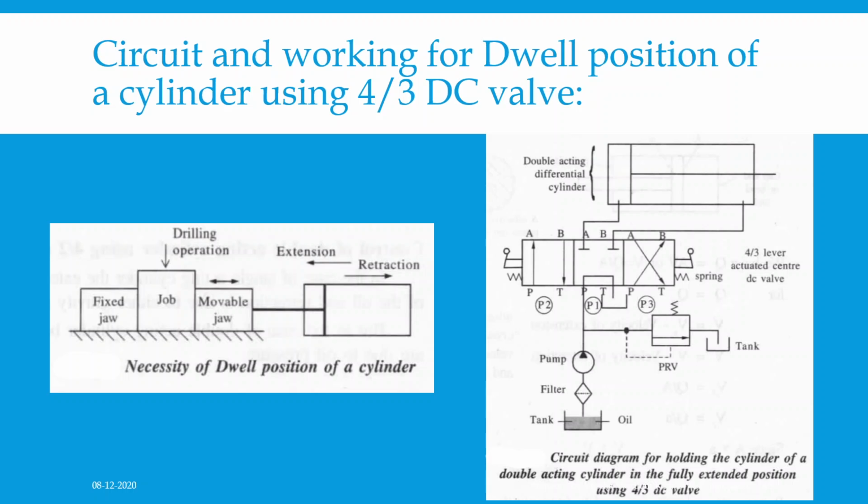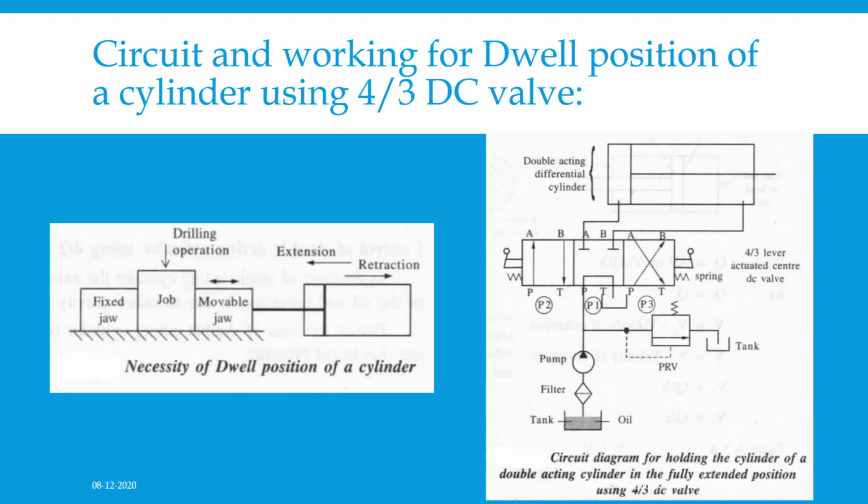When the valve is brought to position P2, port P is connected to A and port B is connected to port T. In this position, high pressure enters the head end of the cylinder and extends the cylinder. At the end of extension, the valve is brought to normal position, resulting in port P connected to T and ports A and B closed, and the cylinder will be in extended position, which is called a dwell position.